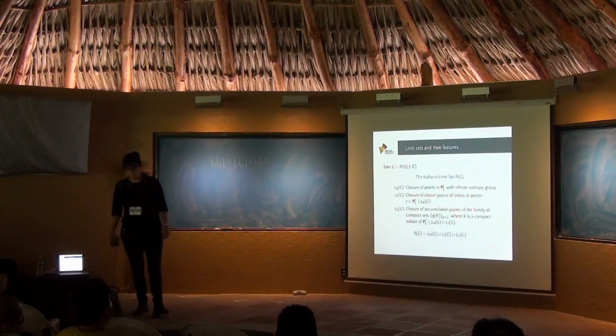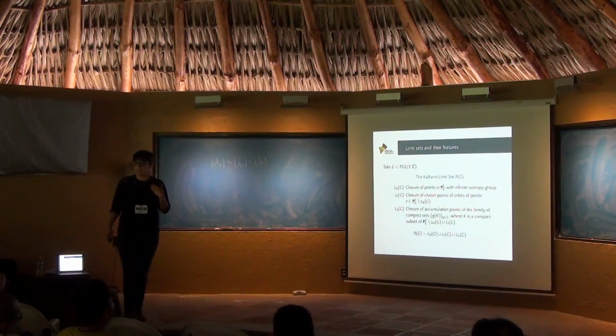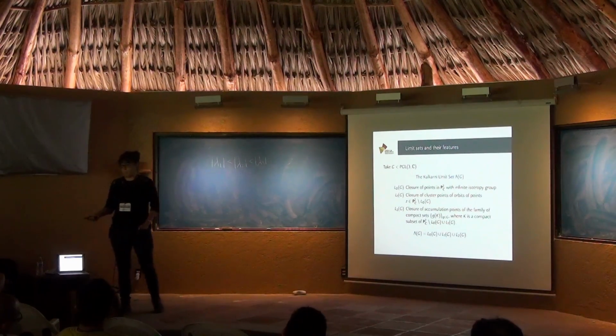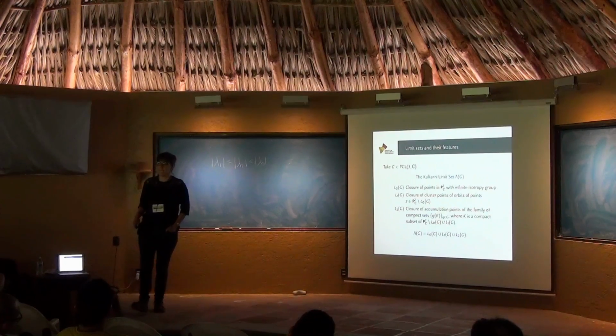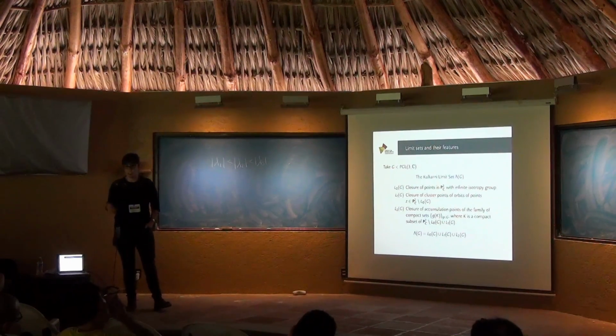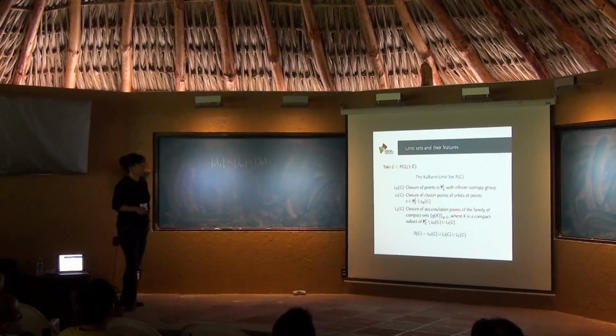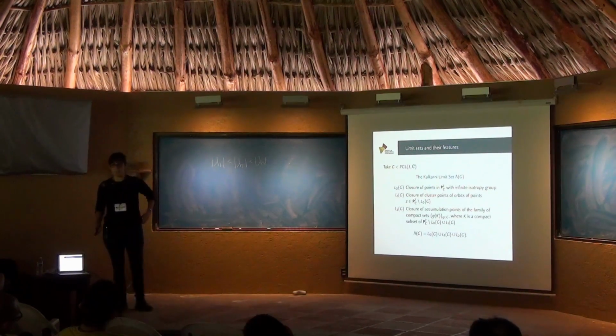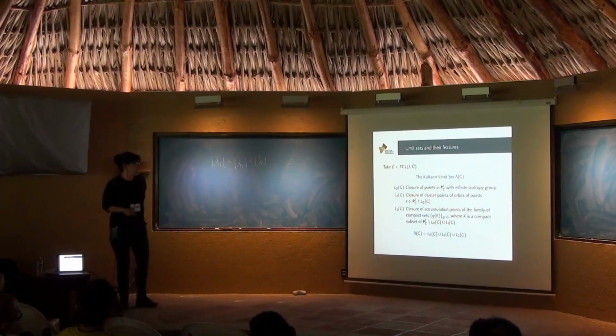Well, basically I'm interested in the limit sets of groups, okay? One of the first, maybe the first, limit set that was considered in this setting was the Kulkarni limit set, which Valdemar defined yesterday.